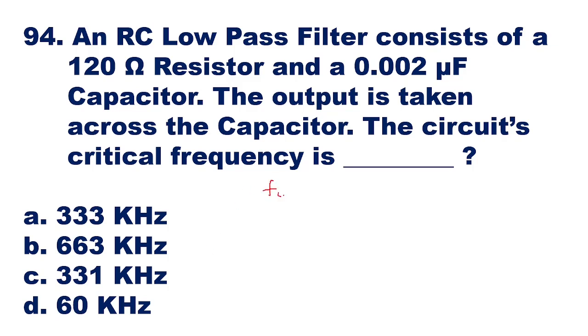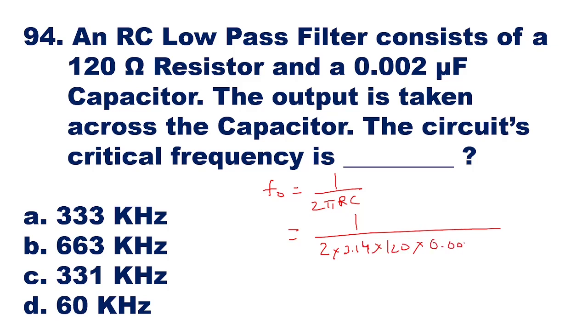The cutoff frequency here for this RC filter is 1 upon 2 pi R C. If you substitute, it will be 1 upon 2 into 3.14 into R, which is 120, into C, which is 0.002 microfarad, so it is 10 raised to minus 6. If you substitute all these values, we'll get the cutoff frequency as 663 kilohertz.